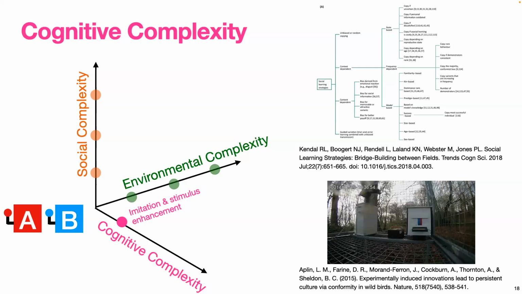Simply, your tendency to copy others is enhanced by the fact that you're interacting with that agent more. So you have a higher chance of sharing the same environment and stimuli, and so a higher chance of learning the same thing, ending up performing mostly similar behavior. That's this kind of enhancement process.